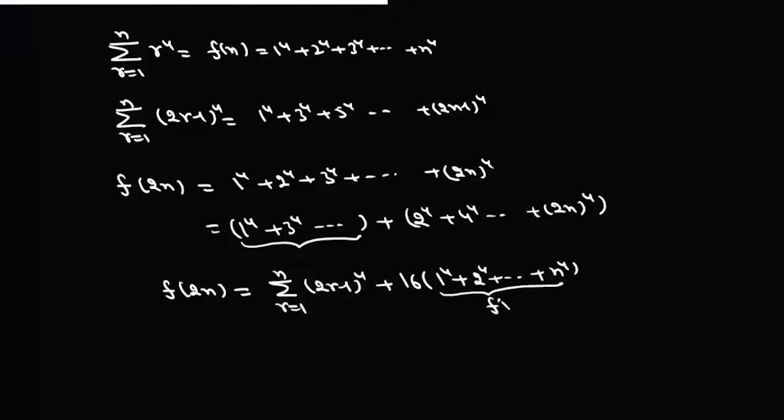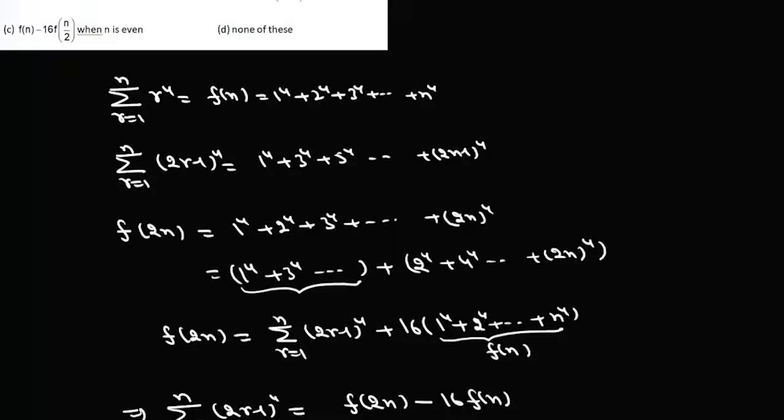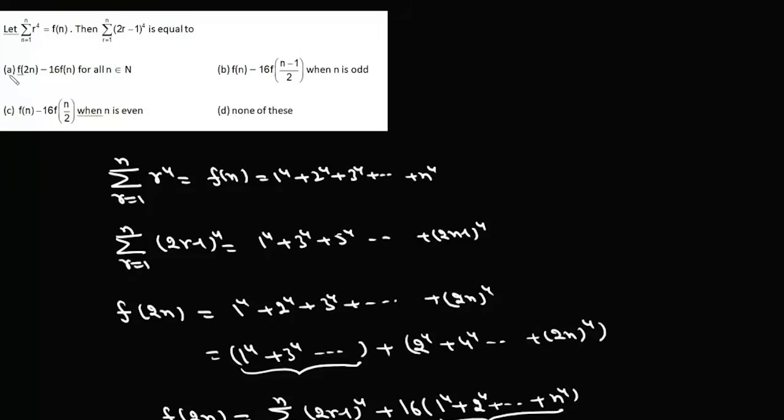So this is Fn. So from here we can say this summation r varies from 1 to n of 2r minus 1 to the power 4 will be equal to F2n minus 16Fn for all n. So the correct option is this option A.